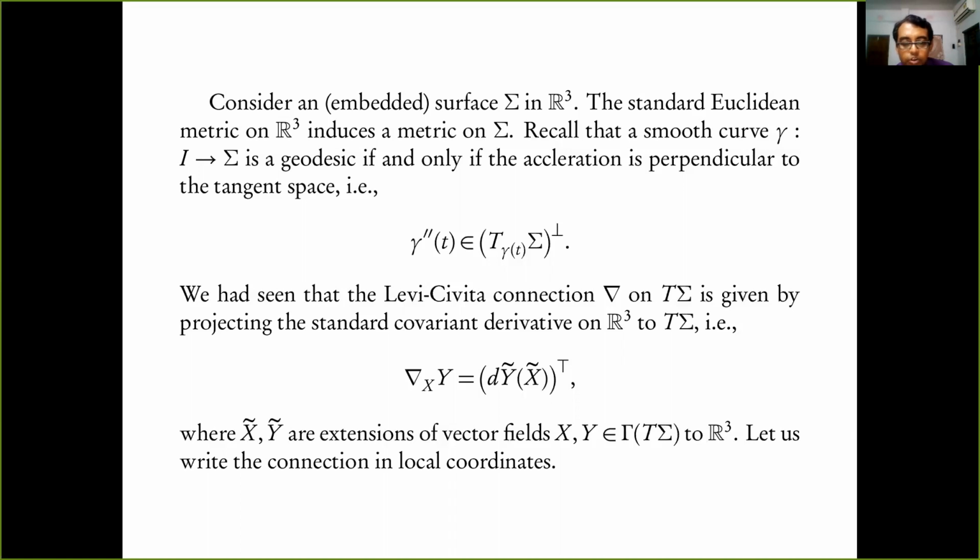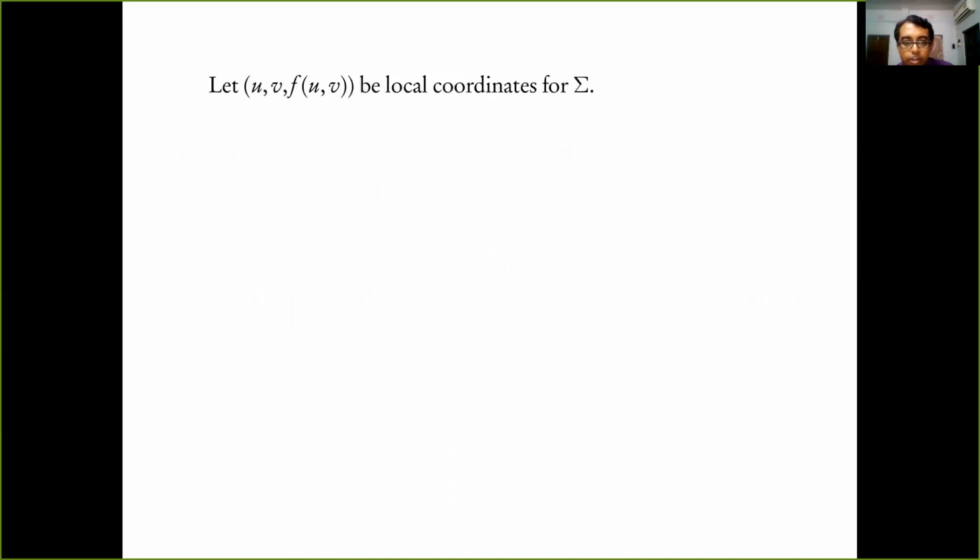And as before, we are going to make a choice. This is the choice that we're going to make. We're going to assume that sigma in local coordinates around a certain point looks like (u, v, f(u,v)).